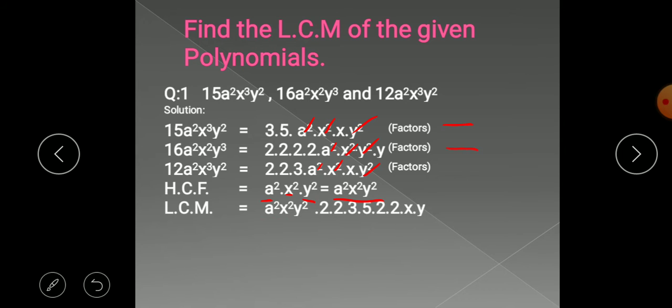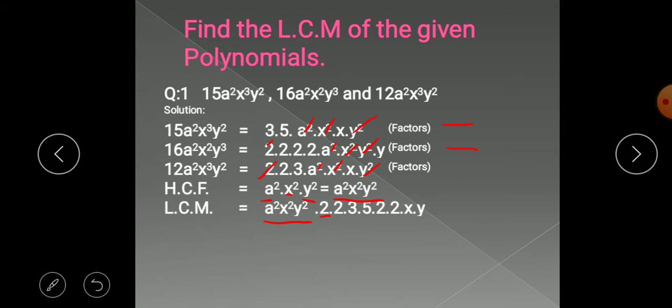See, the highest common factor will be multiplied. We will see here 3 and 5. Are 3 and 5 common here? No. So check, 2 is common, this 2 and this 2, so I have written down 2.